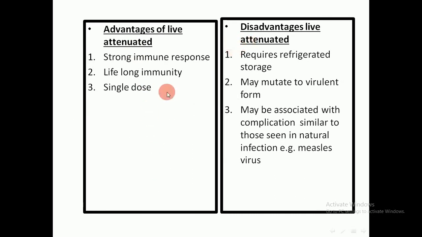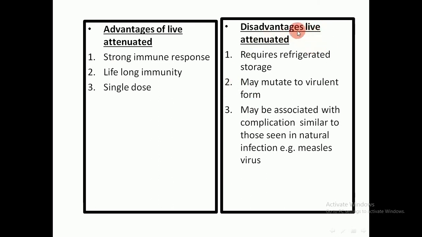The advantages of the live attenuated vaccine: it induces a strong immune response because it causes subclinical infection, and this gives lifelong immunity and can be given as a single dose, as with BCG, the tuberculosis vaccine, given only as a single dose in the first week of life.